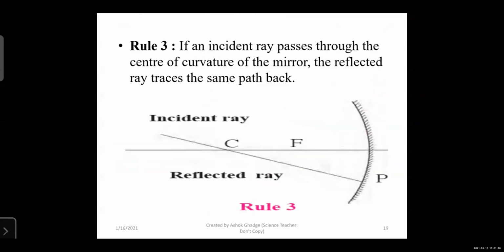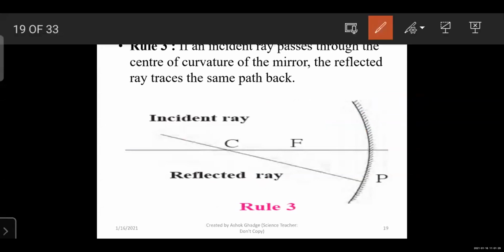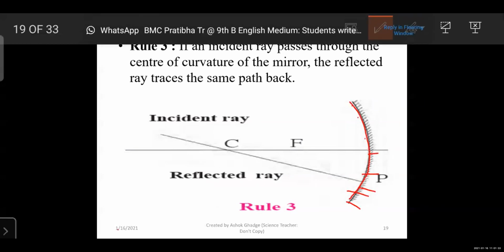Now in the third rule, it is said that if an incident ray passes through the center of curvature of the mirror, the reflected ray traces the same path. Now in this picture, again, that is the concave mirror.